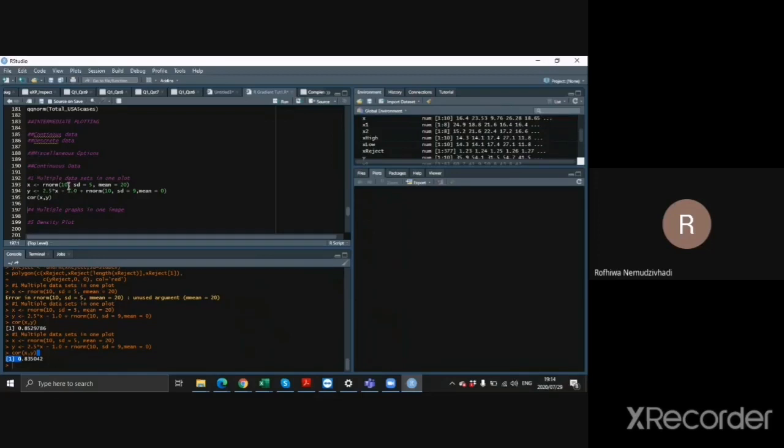But we've assigned it to pick 10 figures with a standard deviation of 5 and a mean of 20, and on the second equation we have a standard deviation of 9 and a default mean of 0.